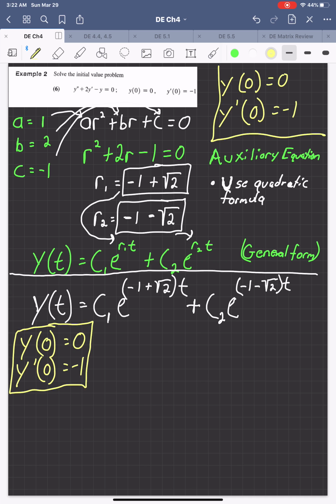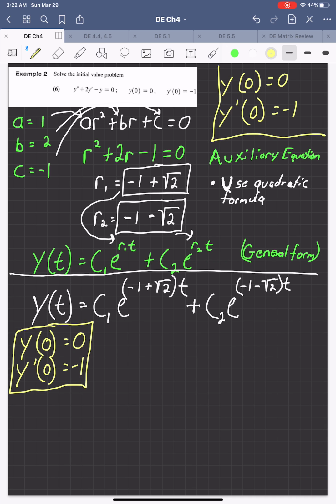Now, what we're going to need to do is figure out, and I'll go ahead and tell you right now, that normally when you're moving to a particular solution like we are right now, you're normally going to have to use a system of equations.